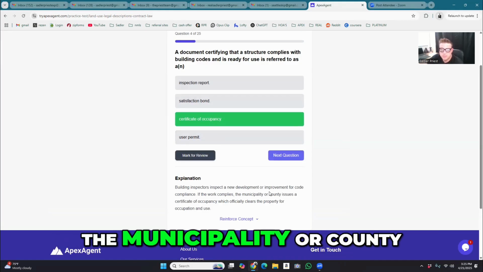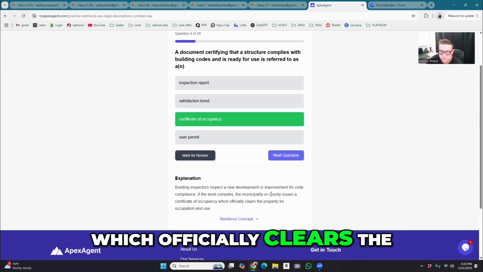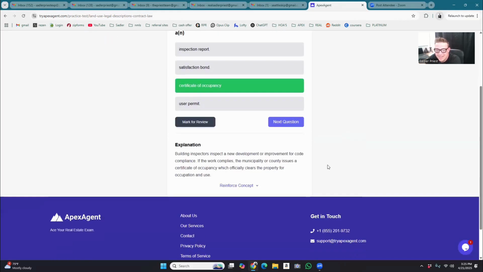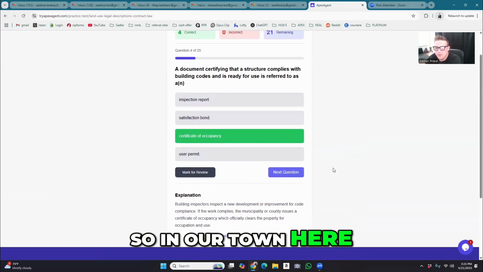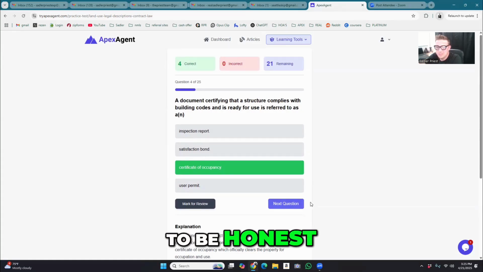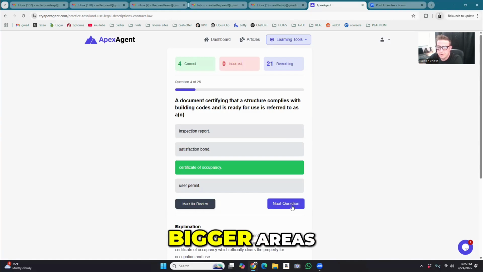If the work complies, the municipality or county issues a certificate of occupancy, which officially clears the property for occupation and use. So in our town here, we're in a smaller town, more rural. We don't really have occupancy permits, to be honest. We have some other things here, but the occupancy permits are more for like downtown Pittsburgh and some bigger areas.